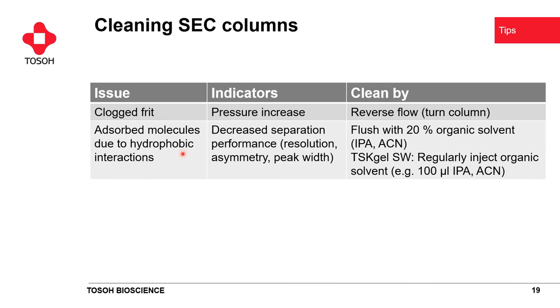This can be of hydrophobic nature, and in order to remove those from the column, we can either flush with a 20% organic solvent solution of, for instance, isopropanol or acetonitrile, or the faster version, I would say, is to inject just 100 microliters of pure isopropanol or acetonitrile if the column stands it, and by that removing the adsorbed molecules.